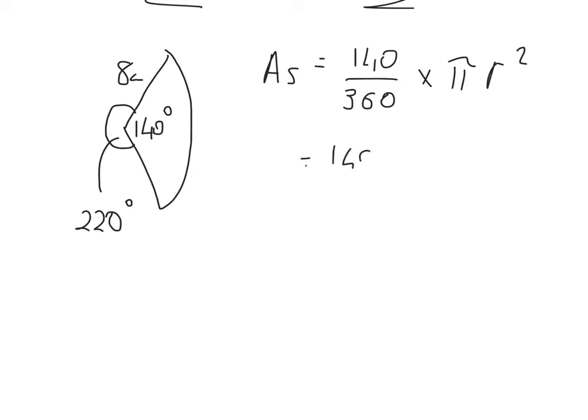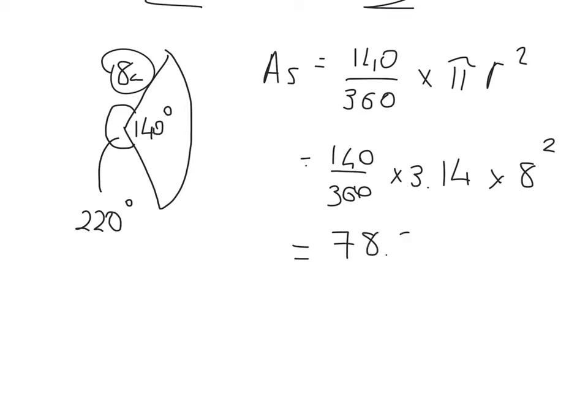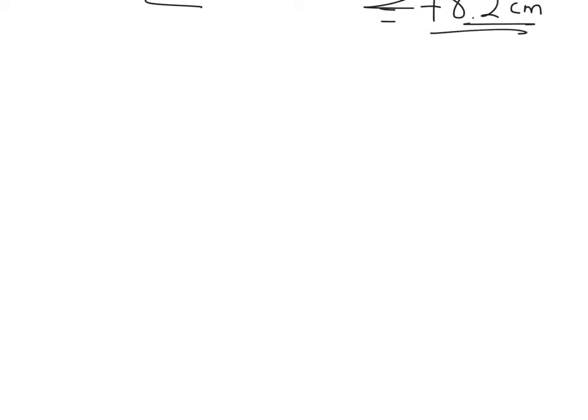So 140 out of 360 times 3.14 or the pi button multiplied by the radius, which is 8, and we need to square that. Put that into your calculator. And to one decimal place, that's 78.2 square centimetres. I'm going to square those units because it's an area. Now look out for these questions coming up in a non-calculator paper as well, and practice them in that context.